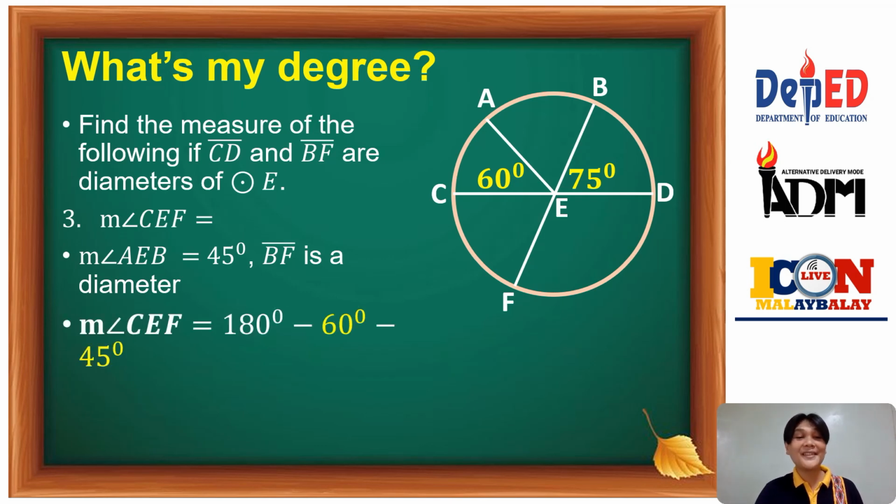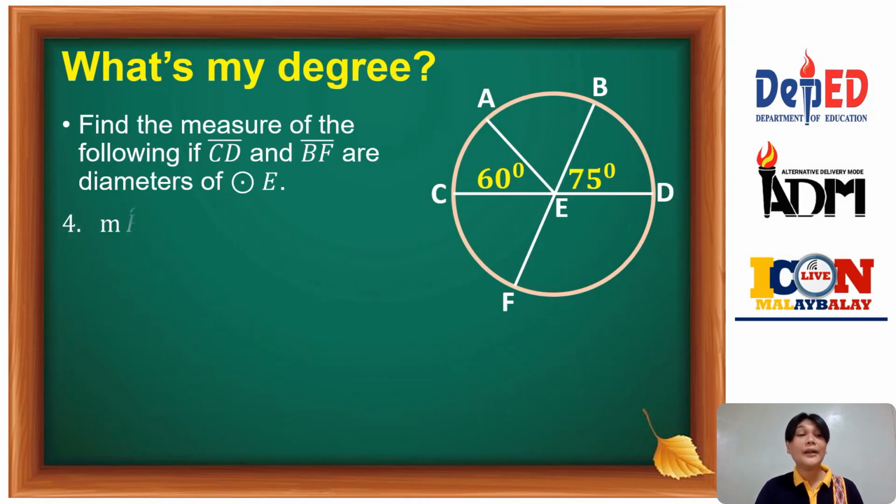Therefore, the measure of angle CEF is just 180 degrees minus 60 degrees minus 45 degrees, the answer in number 1. Simplifying, the measure of angle CEF is 75 degrees. Any question? None? Very good.